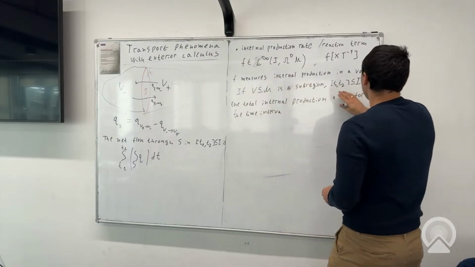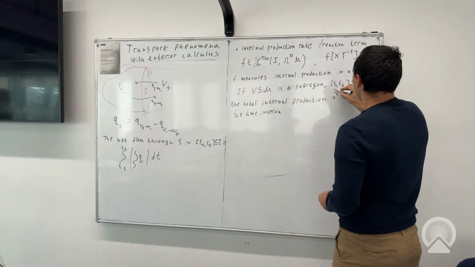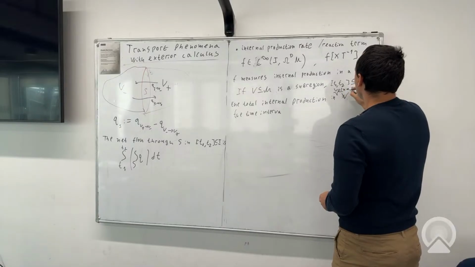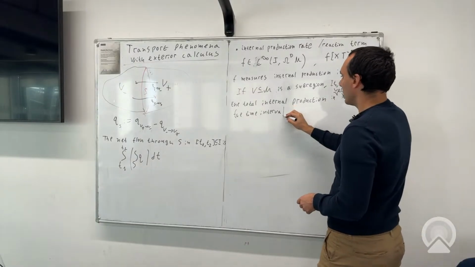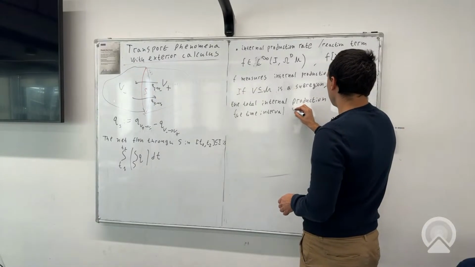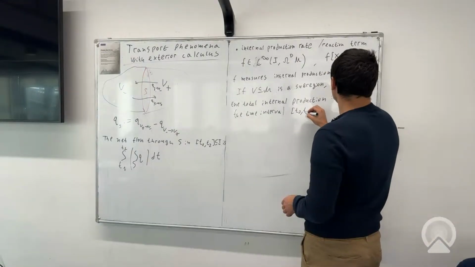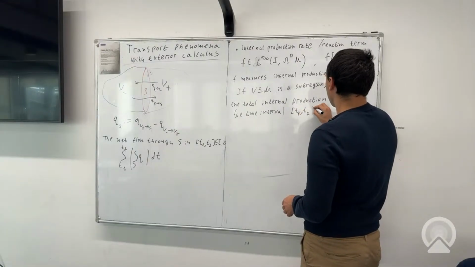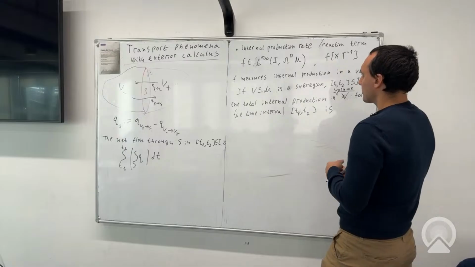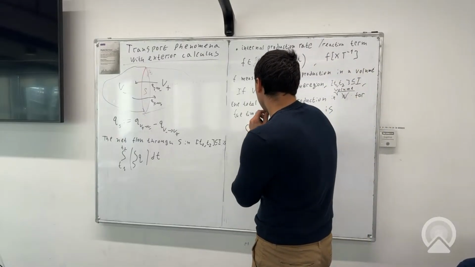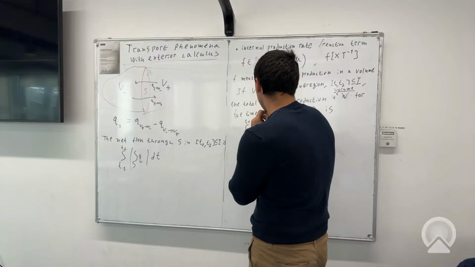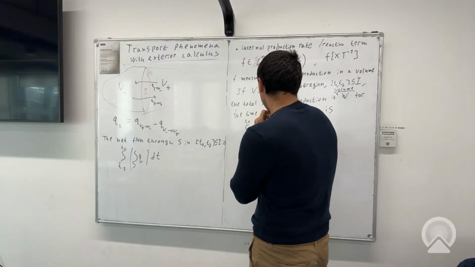Maybe I call it volume V here, to be more explicit. Time interval T1, T2, sorry, is the integral over T1, T2, over V of Q dt.